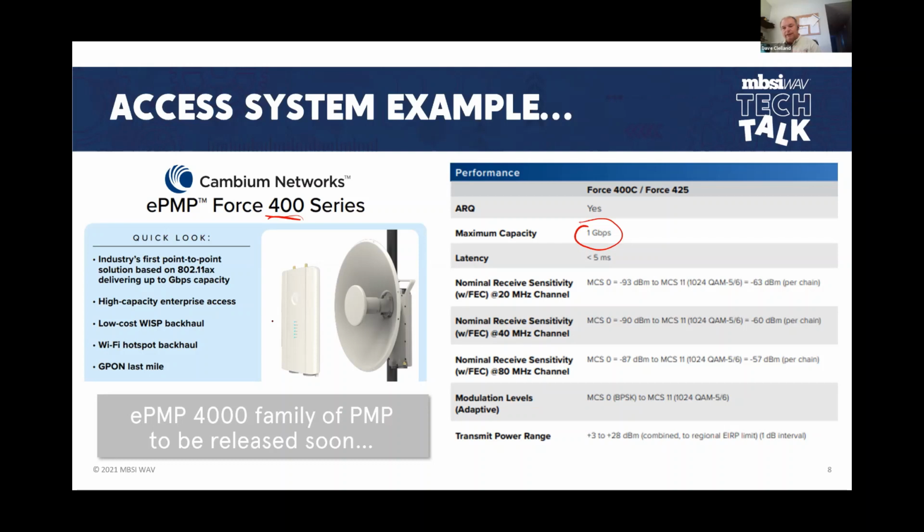It is going to be in access systems, and it is going to, of course, be in wireless LAN systems that it already is now.